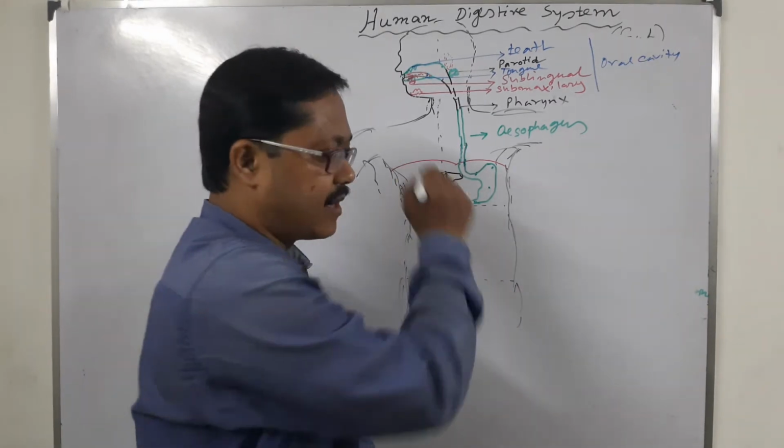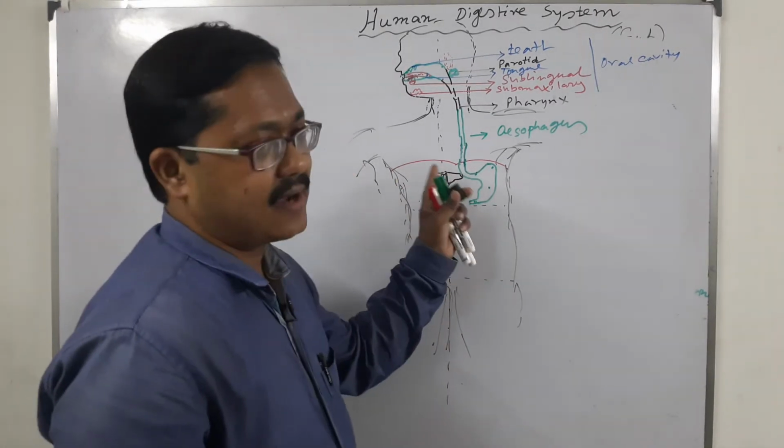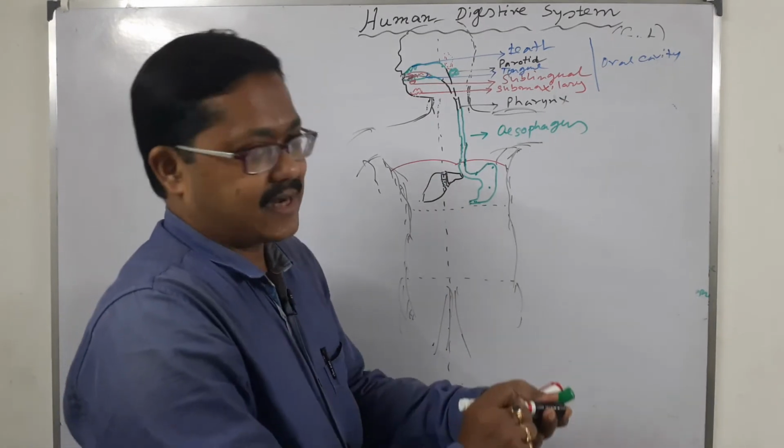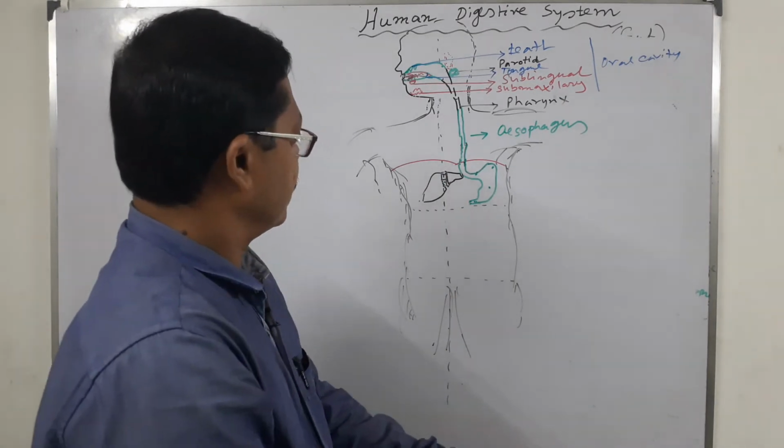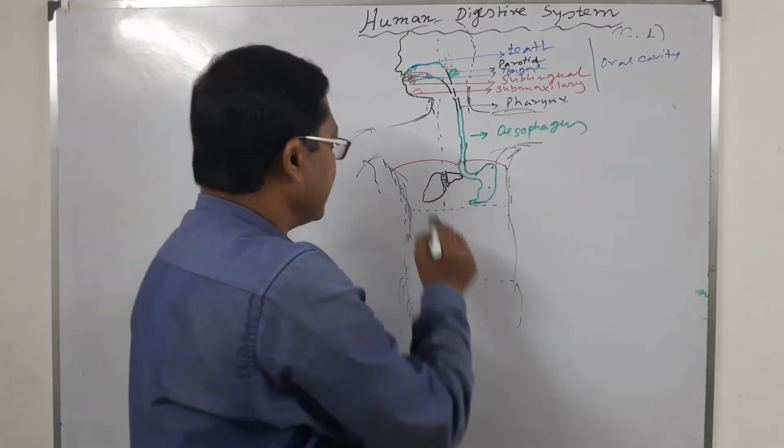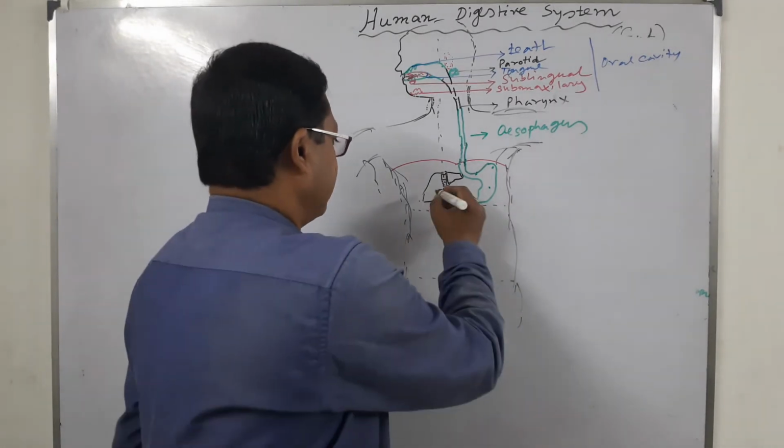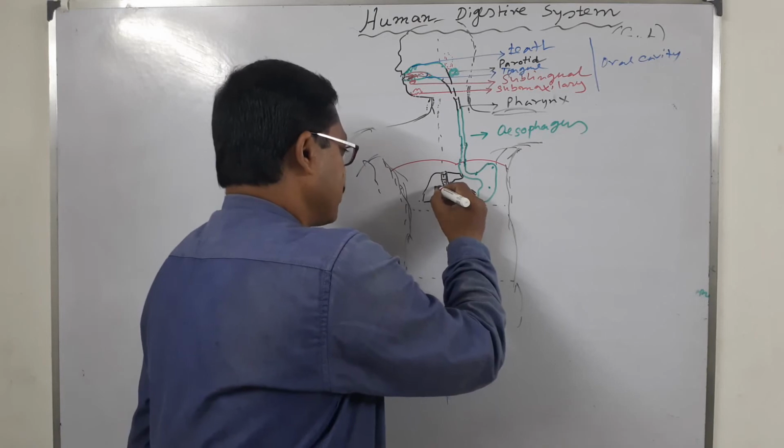The right lobe is again divided into two parts, the caudate zone and others. In the liver, a bladder is present. This is called the gallbladder.